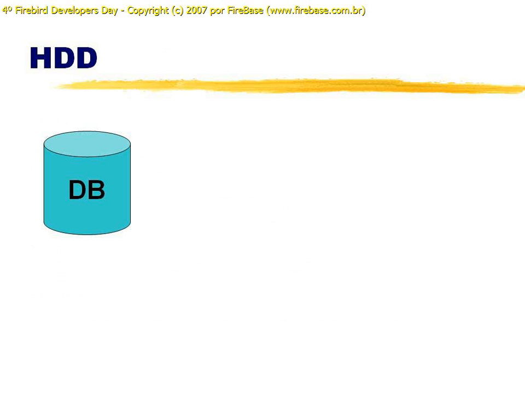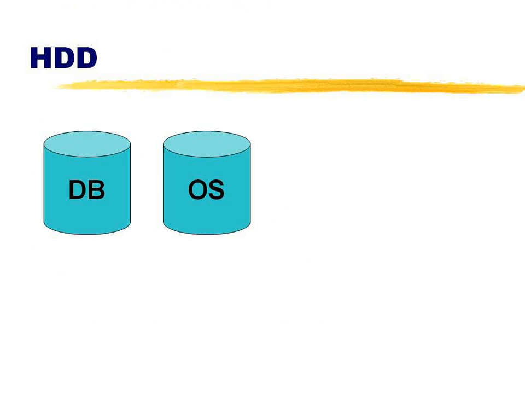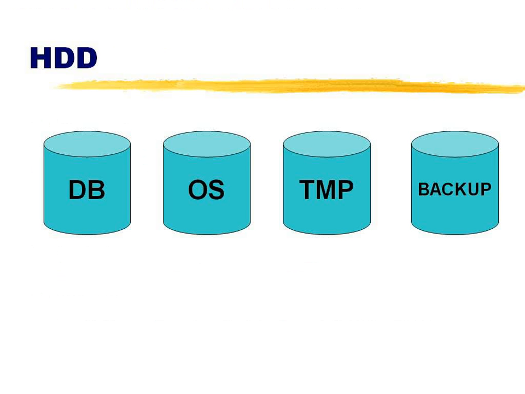Let's count again. We have a database. We have the operating system, of course. We have temporary space somewhere. And we have to place backup files somewhere.